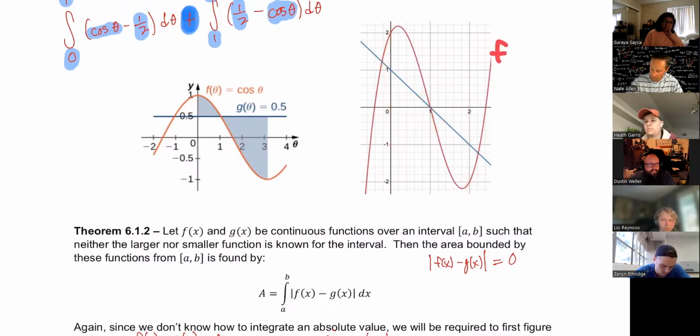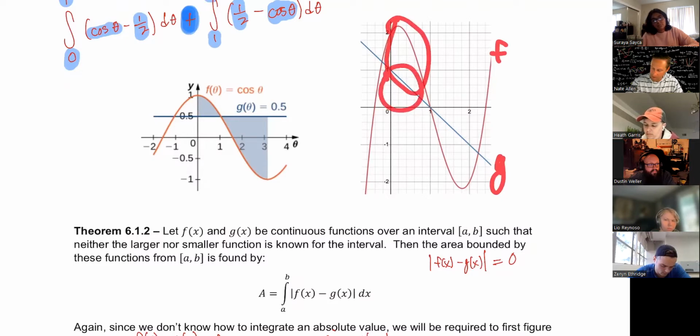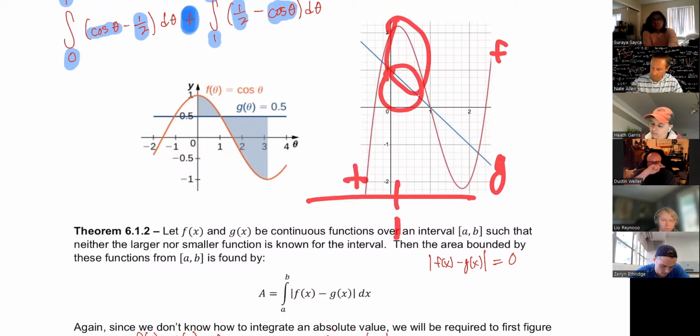Well, if this was f and this was g, then what are you going to get in your sign chart about 1? You would get positive when you did f minus g, because f you can see is bigger than the g is. What would you get to the right of 1?